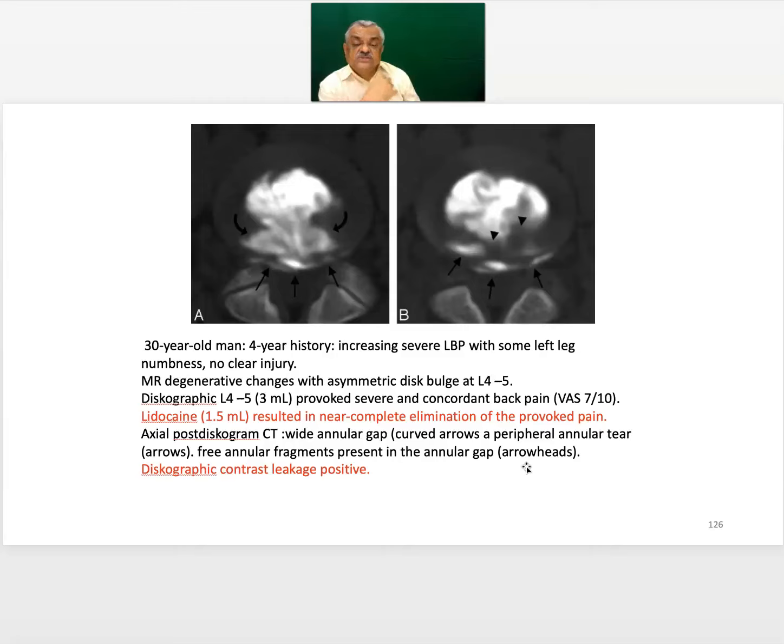The axial post-discogram CT shows a wide annular gap where you can see the curved arrows here. So there is a big annular gap and the free annular fragments present in the annular gap. The discographic contrast leak was positive. There was a leak of the dye and this patient was relieved when we injected lignocaine.